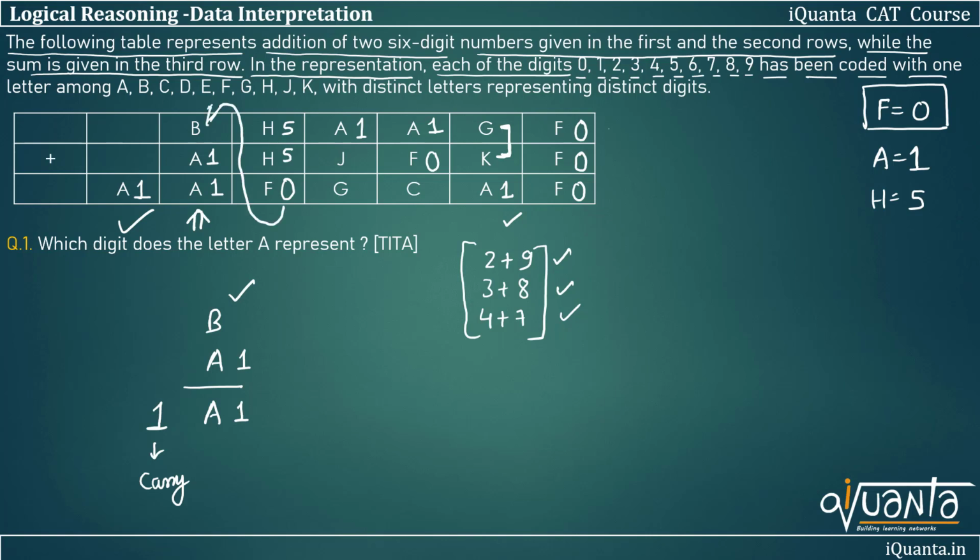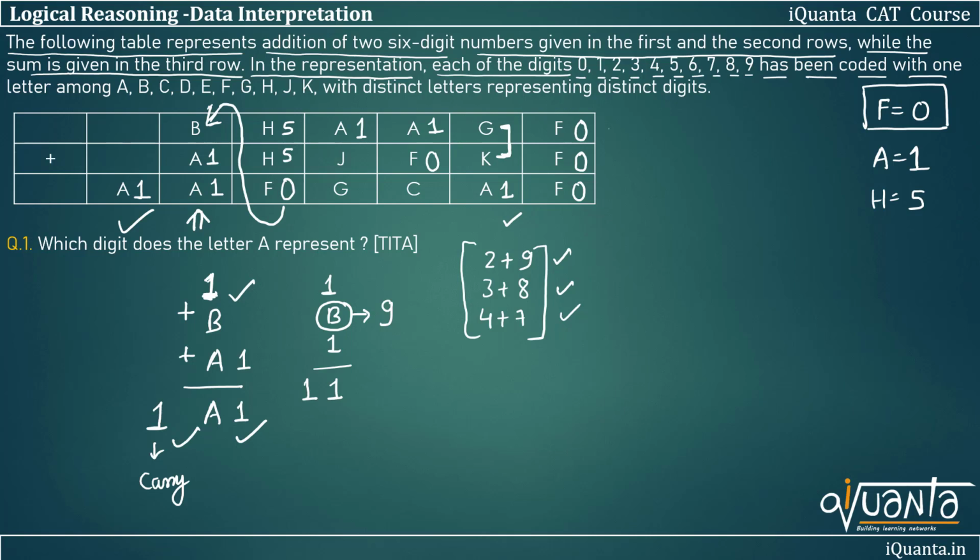So we'll be adding this carry 1 as well, which is coming from the sum of H plus H. So basically we are getting 1 plus B plus 1 equals to 11 over here. So what should be the value of B in such a case? It should be 9. So from here we can easily say that B will be equal to 9.